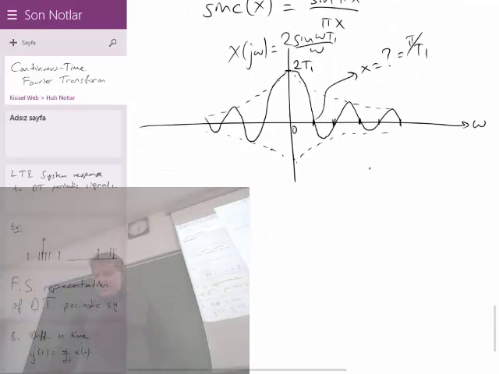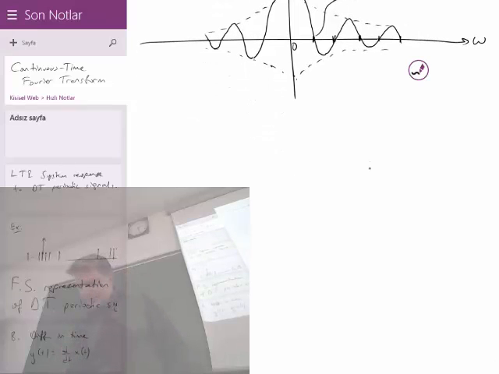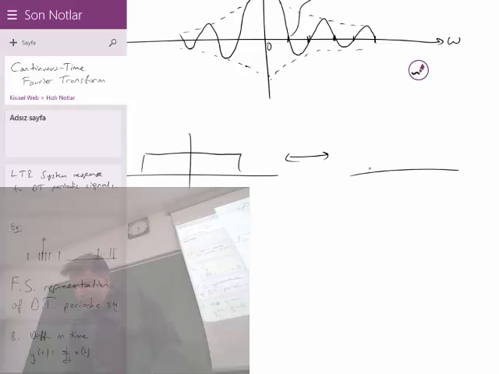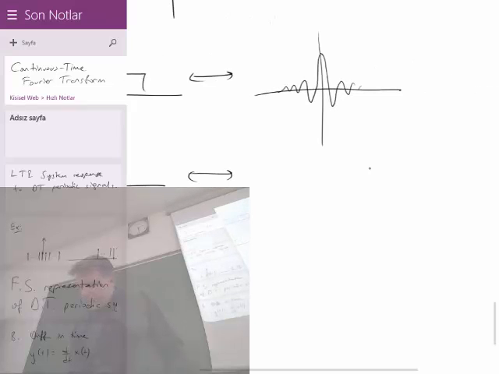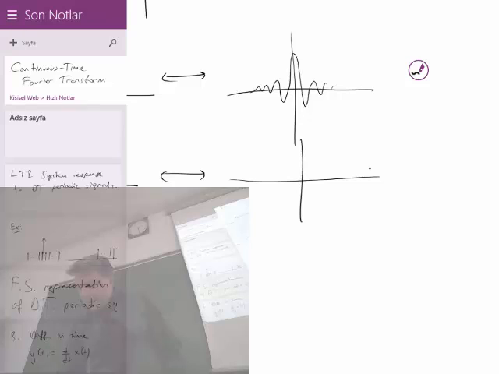So, in terms of shapes, what we can say is something like this. As an illustration, without any proper labeling, if you have a wide signal, then the corresponding Fourier transform will be a sync that is quickly oscillating with high frequencies. And if it is a narrower rectangle, then the Fourier transform will be with wider oscillations.